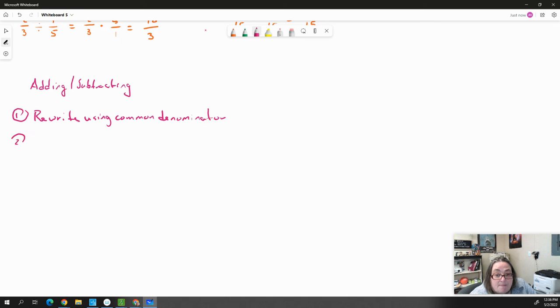Number 2. Combine the numerators and keep the denominators.